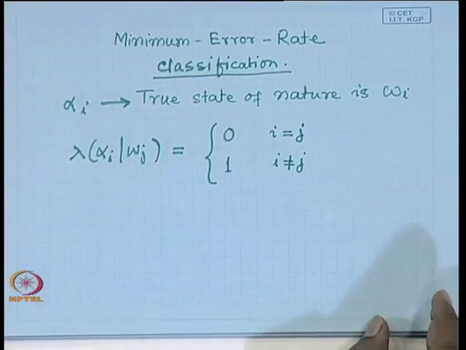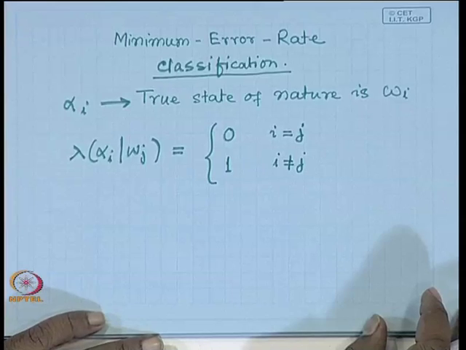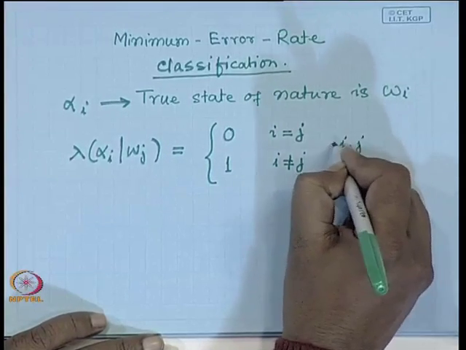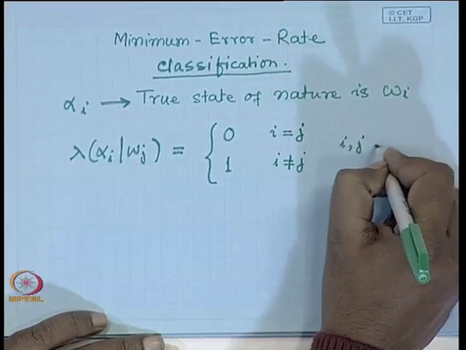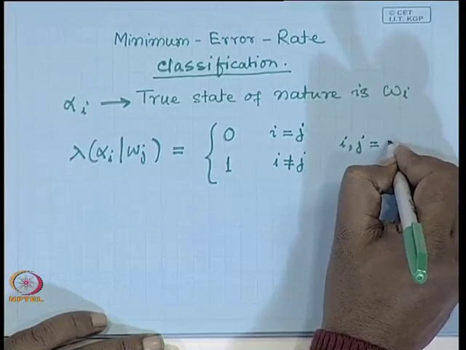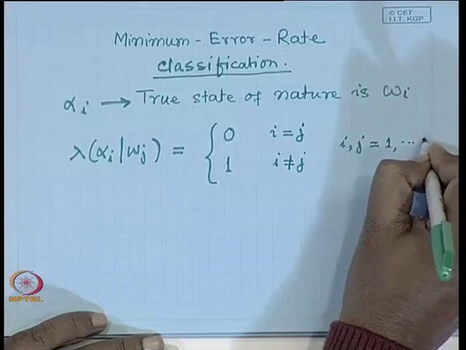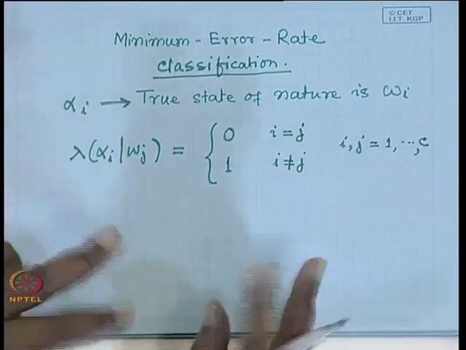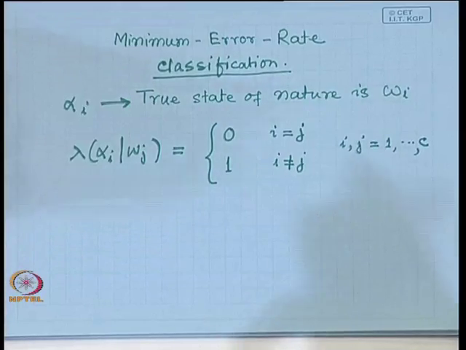This is true for all i and j from 1 to c. So, whenever i and j are the same, I am taking a correct decision and the loss involved is 0. Whenever I take a wrong decision, the loss involved is 1. This is how I define my loss function.